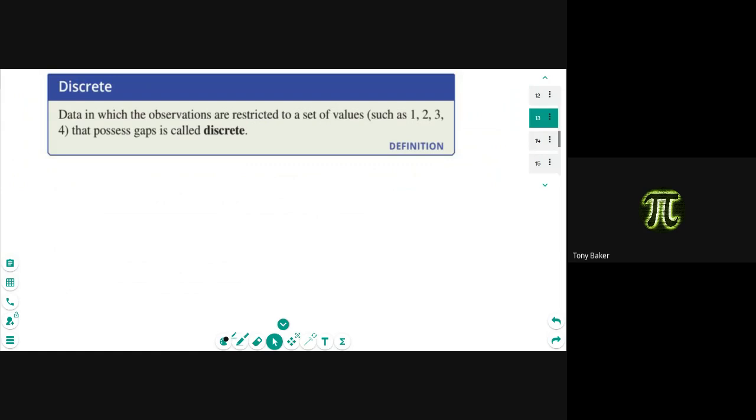Discrete types of data is where it's very specific information and there's nothing between them. Give me an example of a discrete piece of data that would relate to you or to people in general.